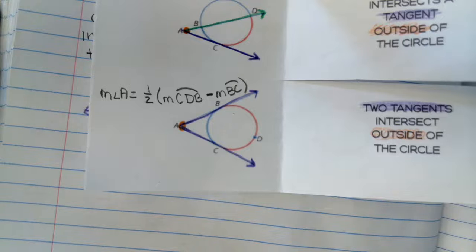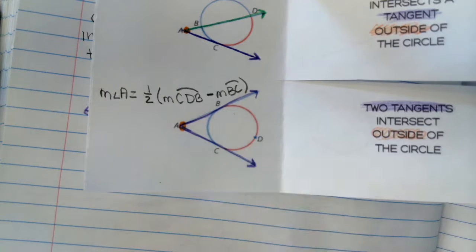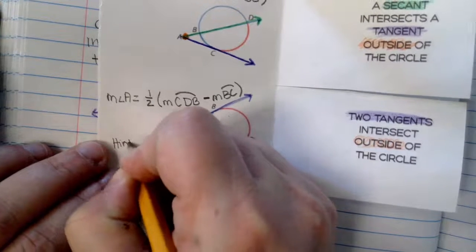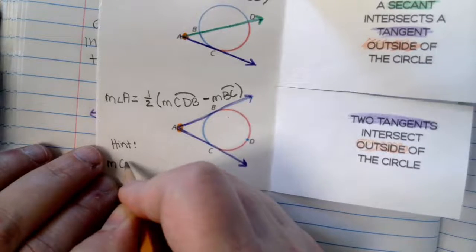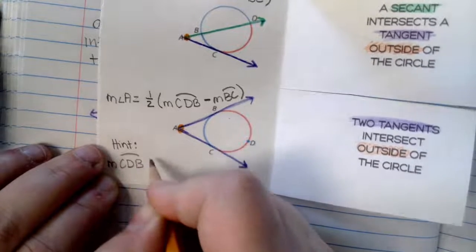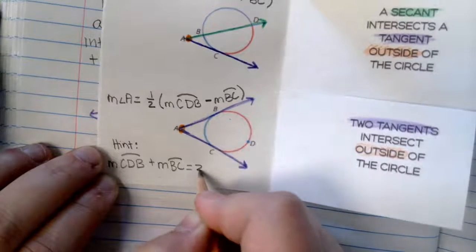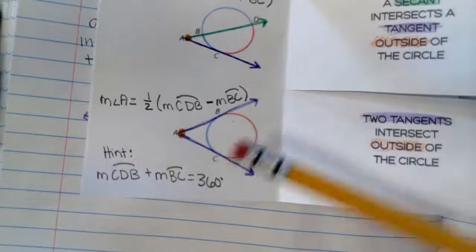No. So that's going to be our hint here, is that we know that those arcs are going to add up to 360. So the measure of CDB plus the measure of BC will equal 360. Sometimes they'll only give you one arc measure because you could just subtract it from 360 to find the other arc. Usually on this picture they won't give you both arcs because you could just subtract from 360 to find it. Okay?